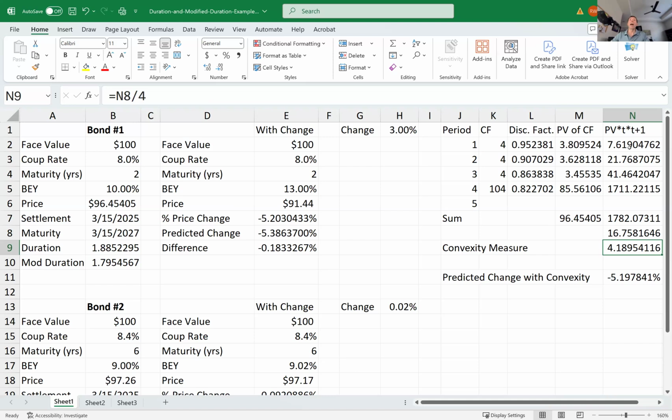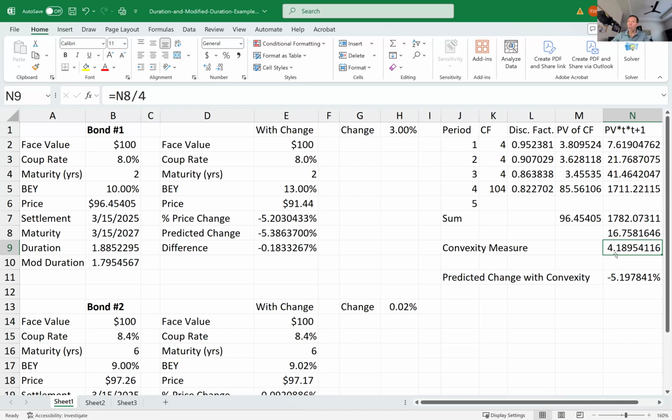Well, the reason is that back in here, we were multiplying by one time period and another time period, so we've got to account for multiplying by 2 time periods. That's why we divide not by 2, but by 2 squared, which is 4. So there's our convexity measure, 4.189, and so on.